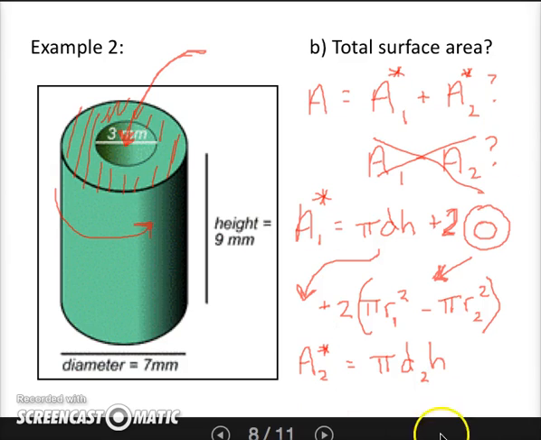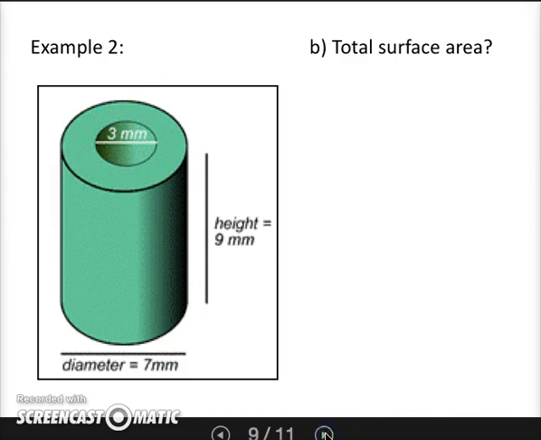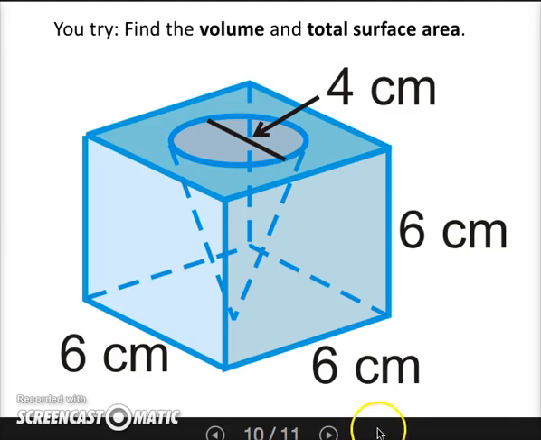So this would be a strategy for setting up this kind of a surface area problem. You try this one. Find the volume and total surface area of this composite solid. For further practice, see page 494, numbers 29 and 33.